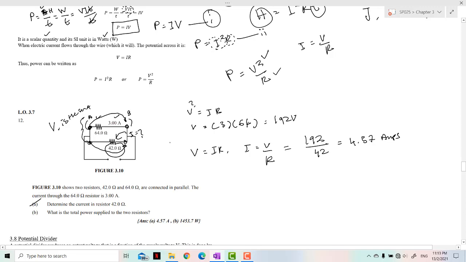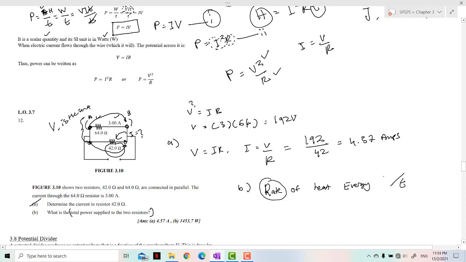Now let's look at question B. What is the total power supplied by the two resistors? Before I begin further, you have to be careful with power. Another way the question can ask for power is by asking for the rate of heat energy. When you see the rate of anything, rate is always per unit time.